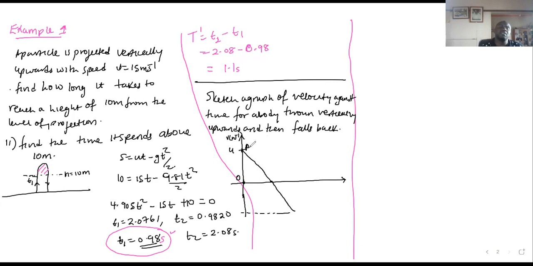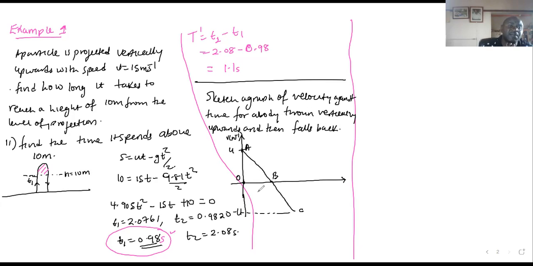So this is point A, point B, point C. Since I told you that when a body leaves a position and comes back to that position, it will come back with the same speed as it left. So at C, the body has a velocity which is negative u. Now, when they ask you for such a question and they put there 3 marks, you have to explain the parts A, B, and C.